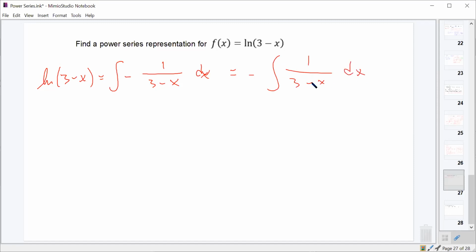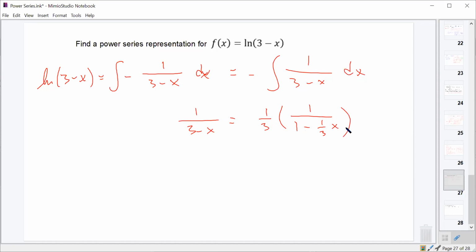Okay, if we're looking for the representation of 1 over 3 minus x, and you probably will see in the notes for a lot of the power series stuff, I just kind of factor this 3 out of here. 1 over 3 minus x should be equal to 1/3 of 1 over 1 minus 1/3 x.